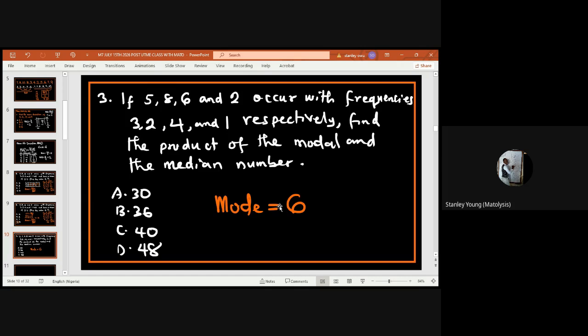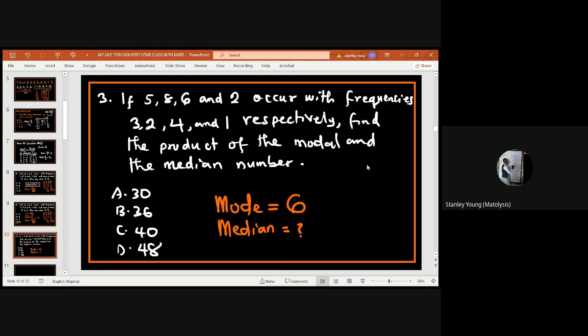From there, you want to get the median. The median is the middle number. So I'll allow you to figure that out first. I think it's 36. The median is what? 6. Okay, 6.